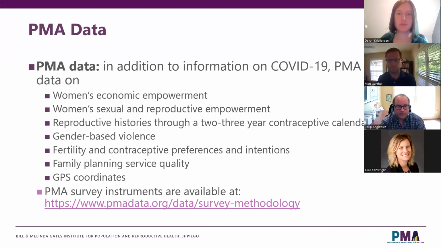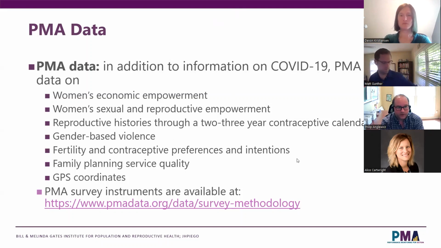We collect a 2 to 3 year contraceptive calendar, a lot closer to 3 years than 2. Gender-based violence for certain countries and rounds, fertility and contraceptive preference and intentions, family planning service quality, and we also have GPS coordinates that are displaced for all of our participants and households. So these are only a few of the topics that we collect data on.